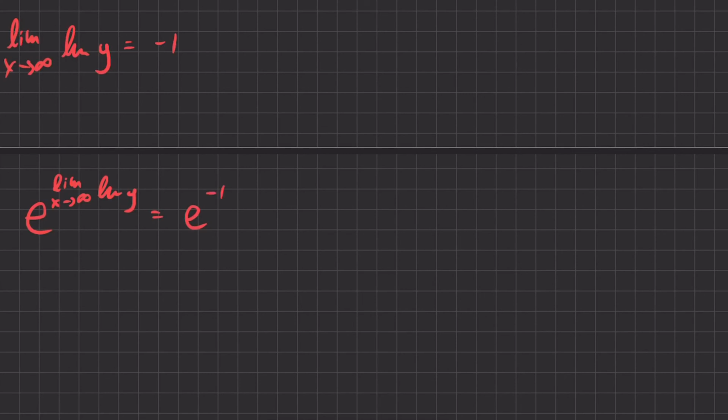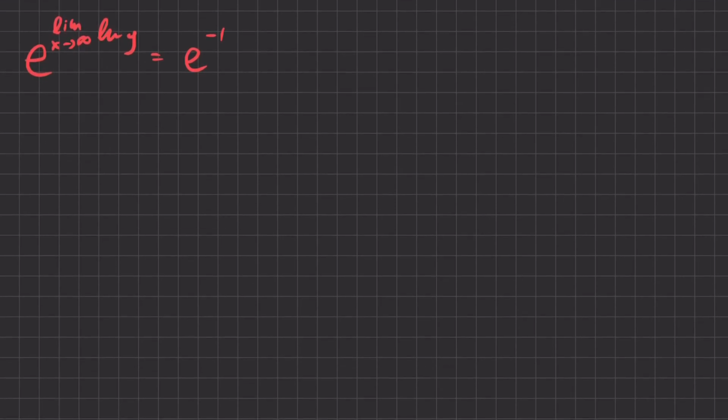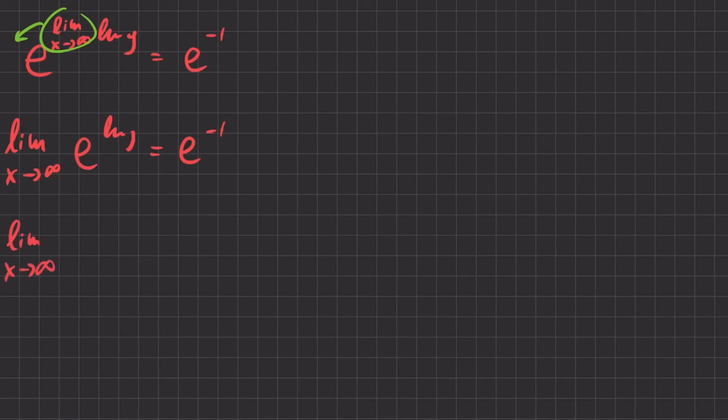And since e to the limit of something is equal to the limit of e to the something, we can just take this limit outside because e to the x is a continuous function. So we'll end up getting that the limit as x approaches infinity of e to the ln of y is equal to e to the negative 1. Or in other words, the limit as x approaches infinity of y is equal to e to the negative 1.